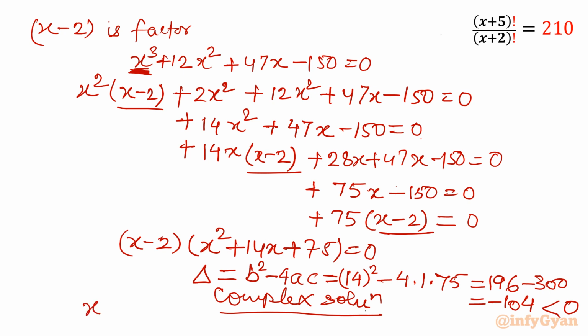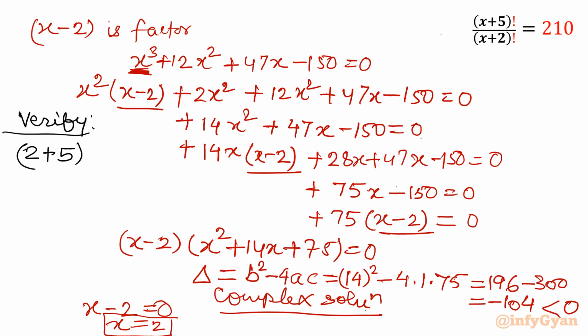So obviously x minus 2 equal to 0, that means x equal to 2 is our solution of this factorial equation. Now we have to only verify. So let's check. In place of x, I am writing 2: 2 plus 5 over 2 plus 2.